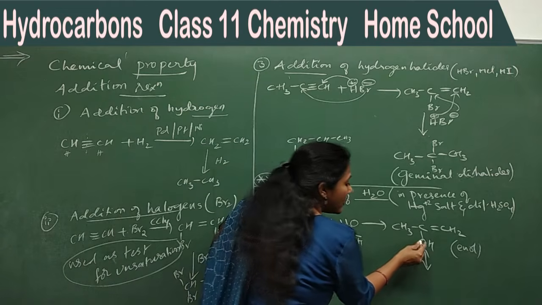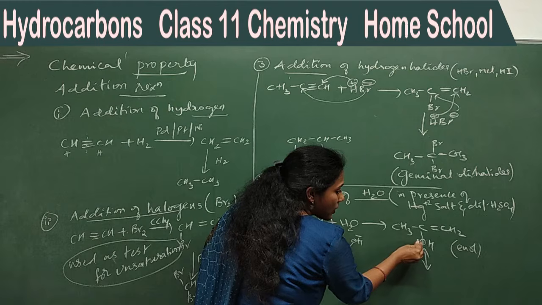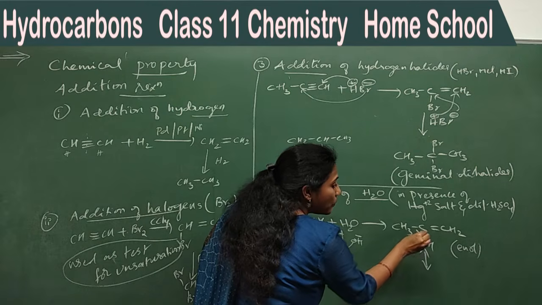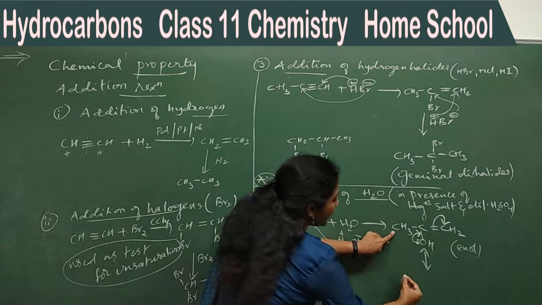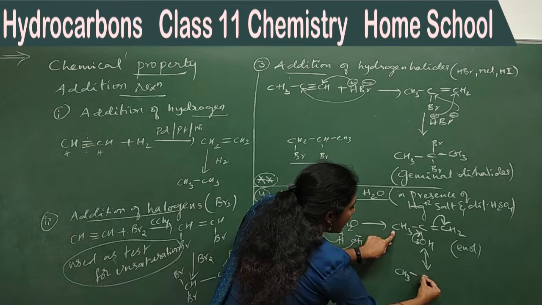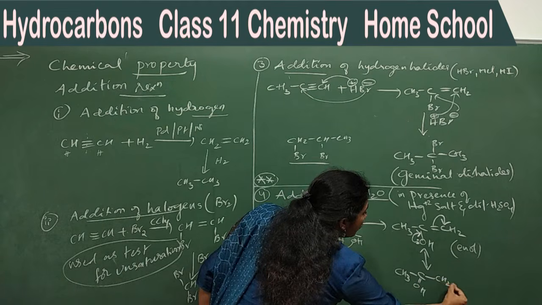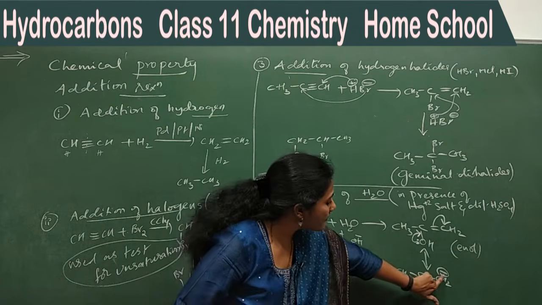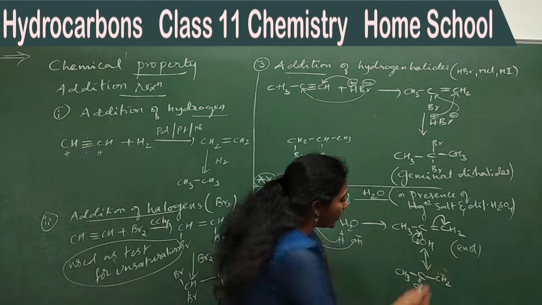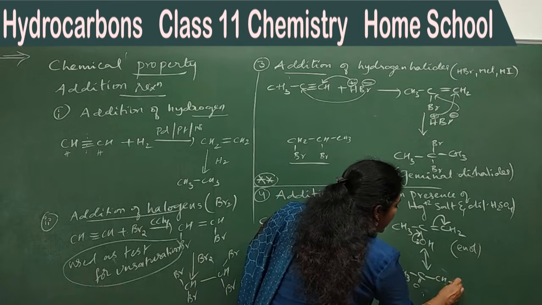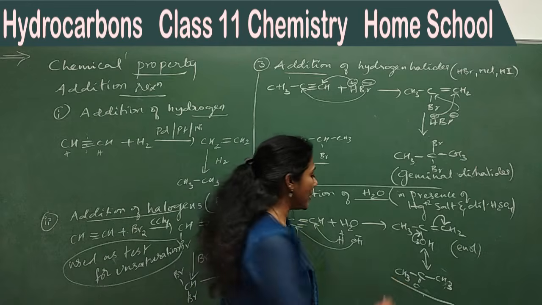Observe this. There is a lone pair on oxygen. This lone pair will move here, this bond will move there. So what do you get? You get CH3, C, double bond O, CH2 minus, and this minus will take up this hydrogen. So this will become CH3. This is the ketone you will get. So this is the final product.